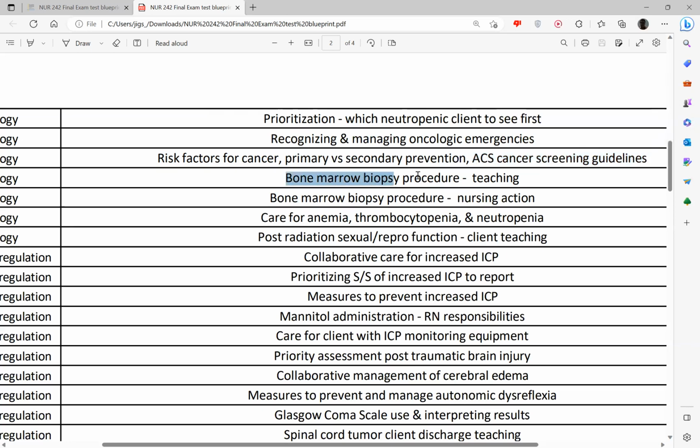Bone marrow biopsy procedure. So teaching, remember again, there's 2 patients here, the donor and the recipient. Where do you position the patient after the donor? How do you position the donor after the procedure? On their side. On the harvest side.